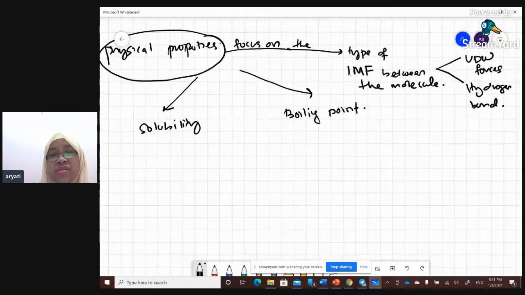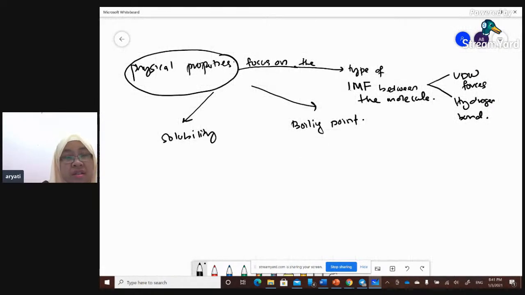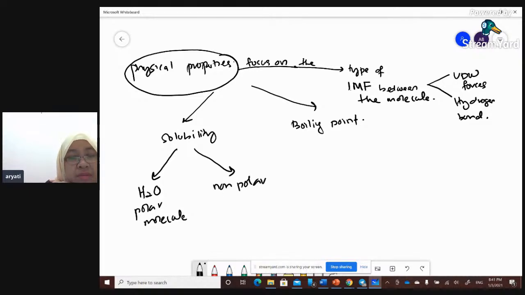For solubility, we look at the solubility of alcohol in water, which is a polar molecule, and the solubility in a non-polar molecule. Then we will discuss the boiling point.